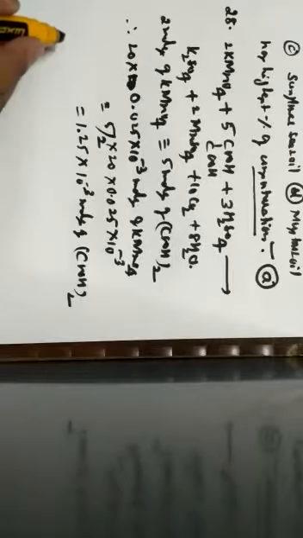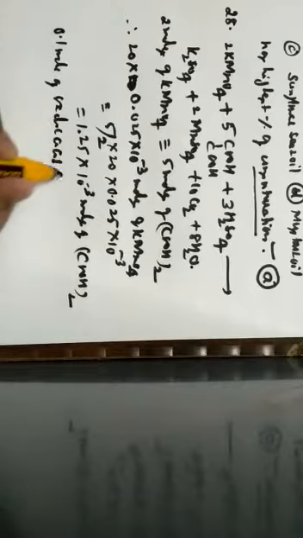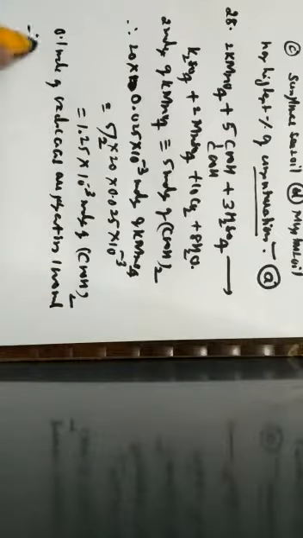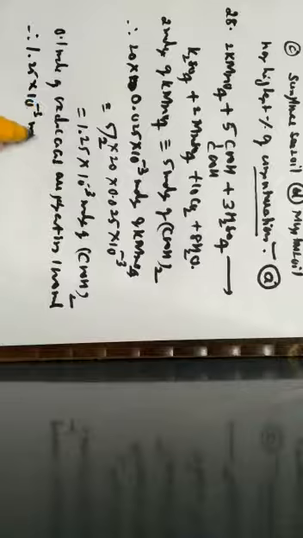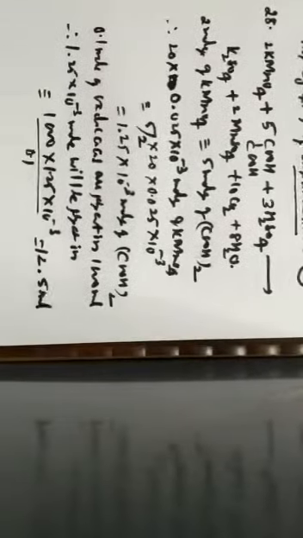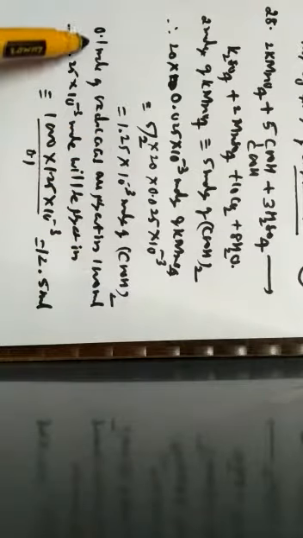So by this we can understand that 0.1 mole of oxalic acid is present in 1000 ml.